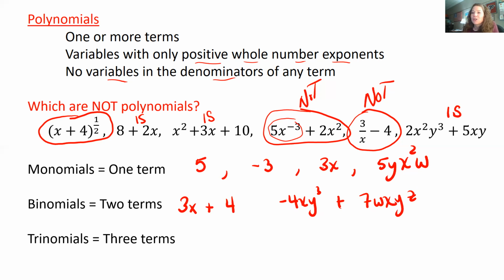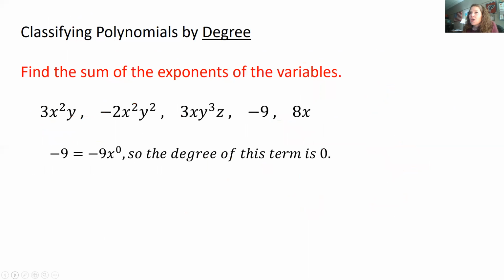I'm sure 3 terms is a trinomial. When you have more than 3 terms, you just call them polynomials, and poly means many. So we don't really classify them after trinomials. More than 3, we just call them polynomials.